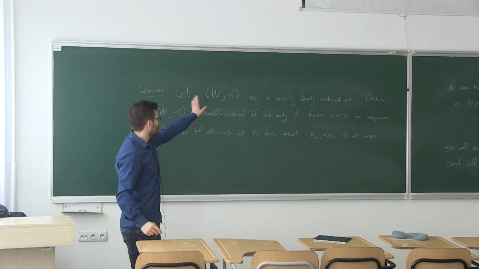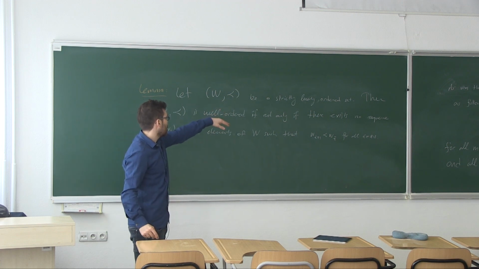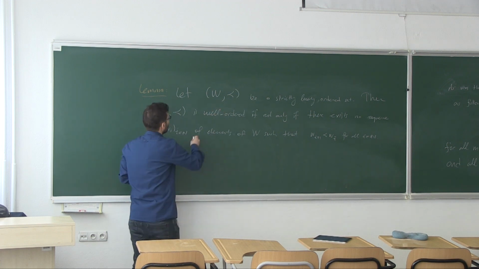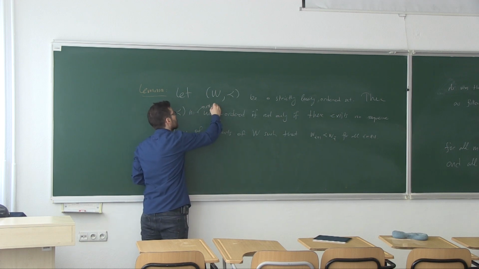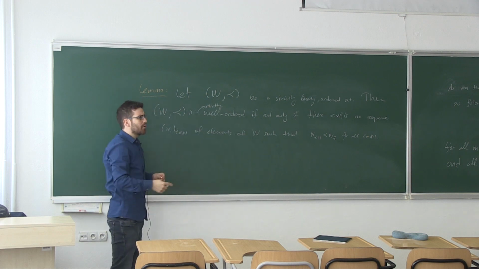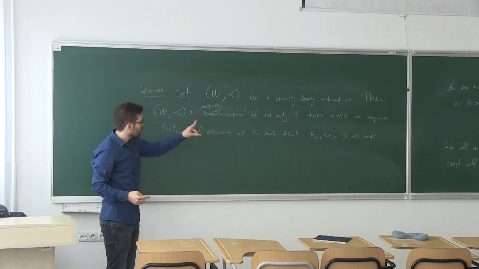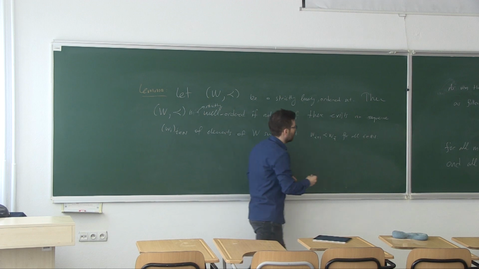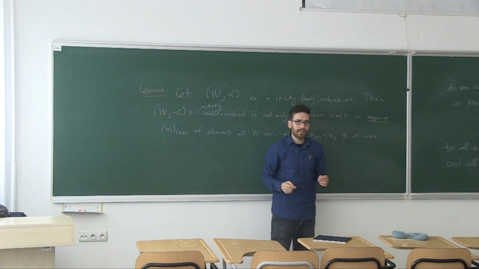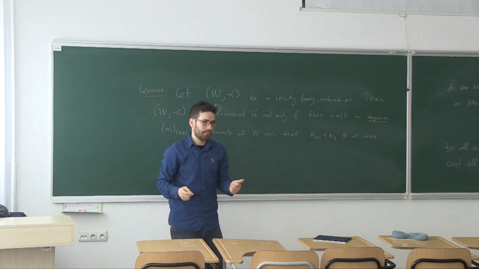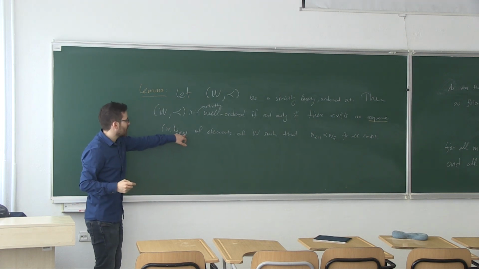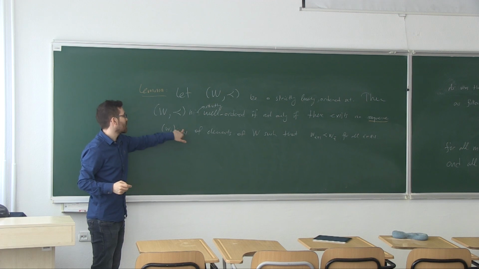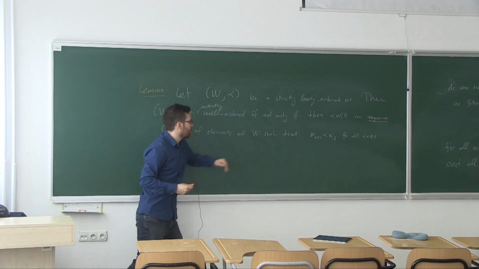Let's read this. We have a linearly ordered set, strictly linearly ordered set. I don't want to write strictly everywhere, but I think I have to. This is strictly well ordered if and only if there exists no sequence. Let's recall what this is. What's the sequence? It's a special kind of function, with the index set ℕ, whose elements are members of Ω.